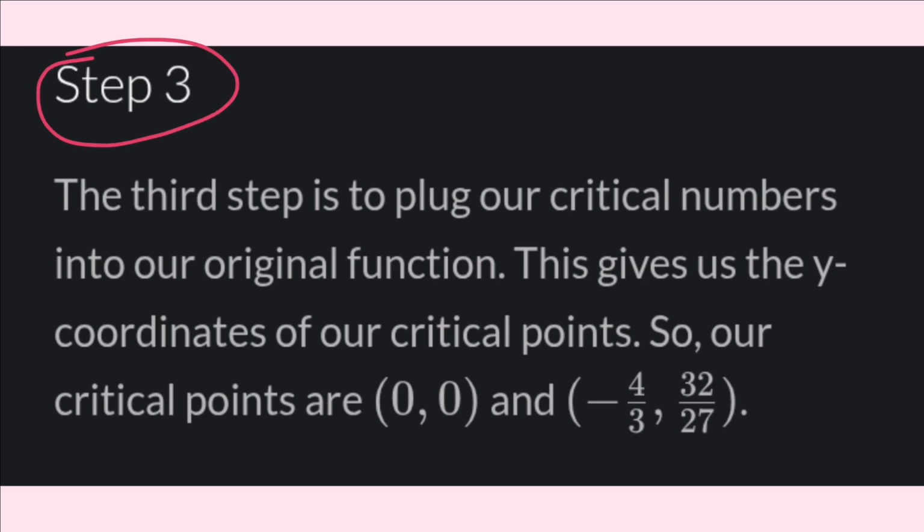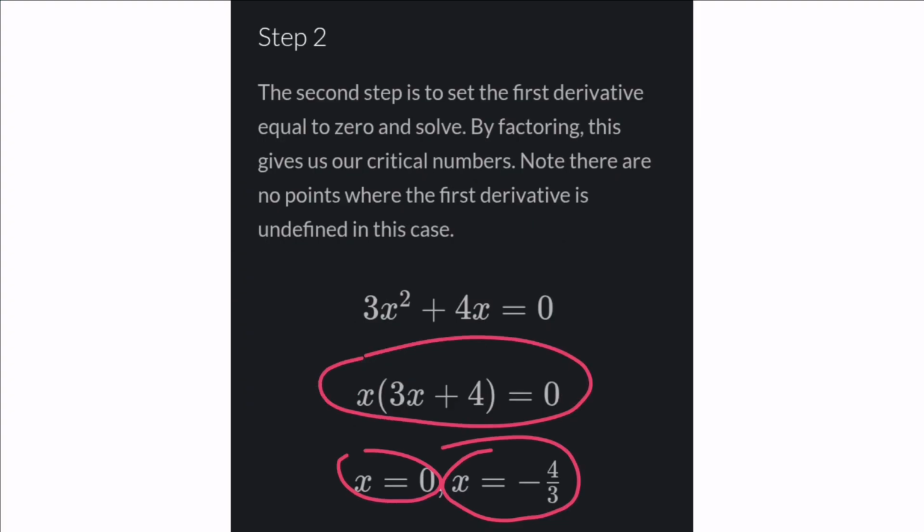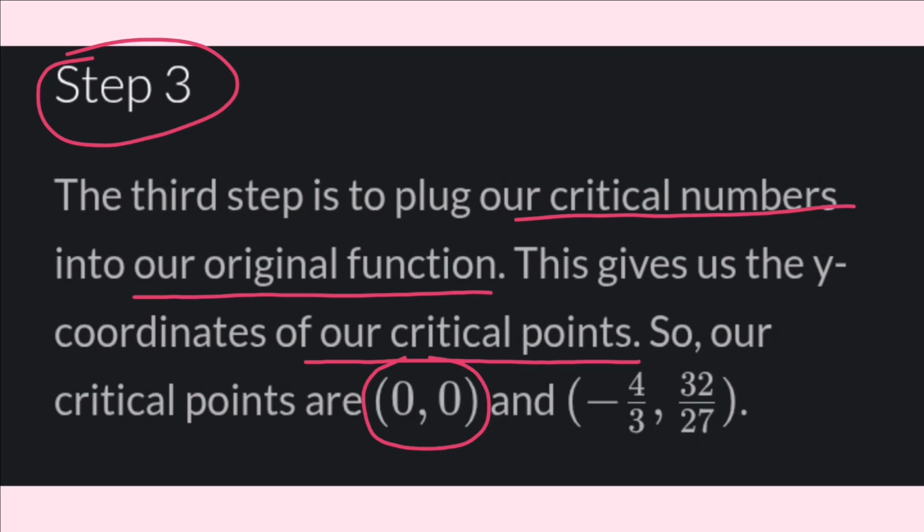Now third step. The third step is to plug our critical numbers into our original function. This gives us the y coordinates of our critical points. So our critical point is 0, 0, because if we put 0 in the original function, this gives 0, comma 0.